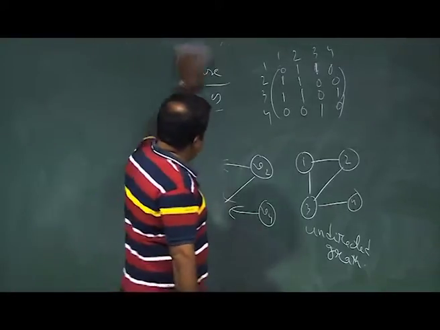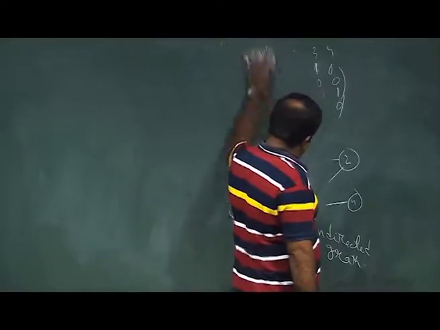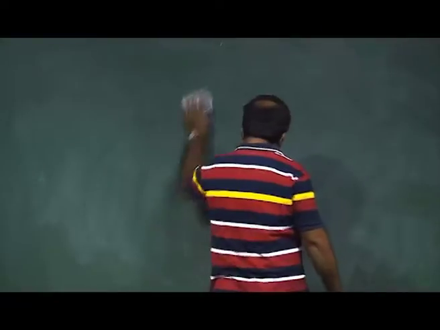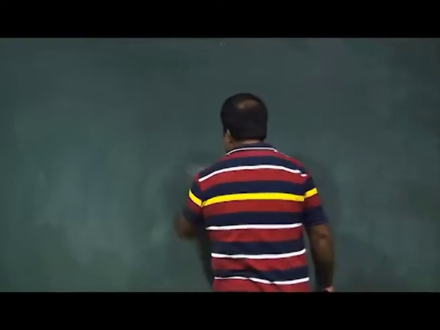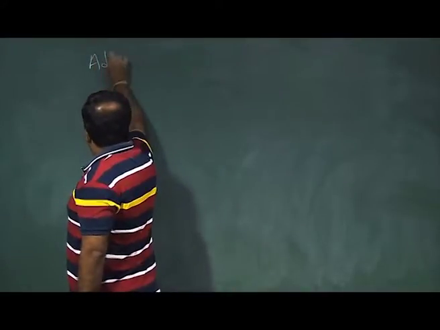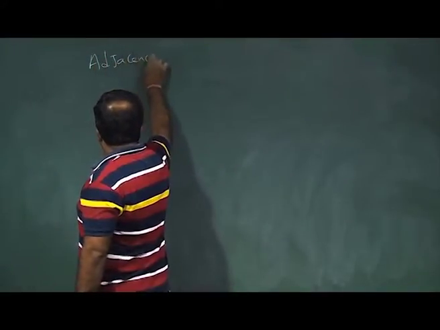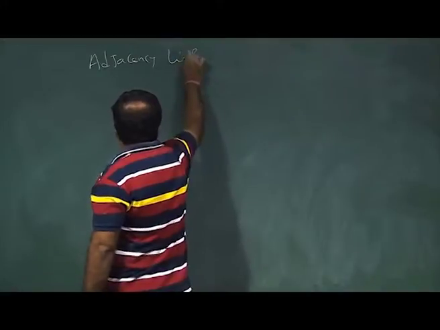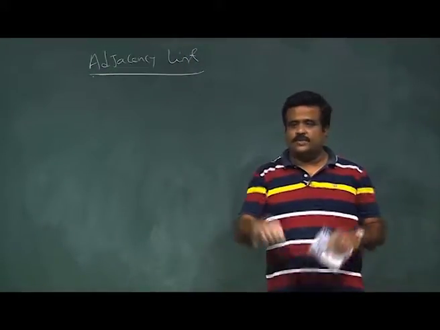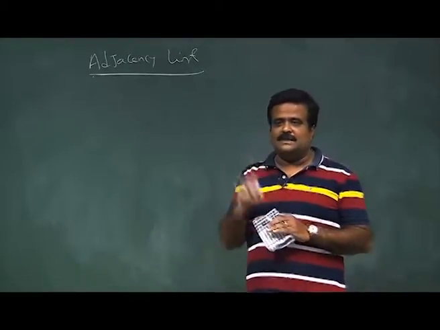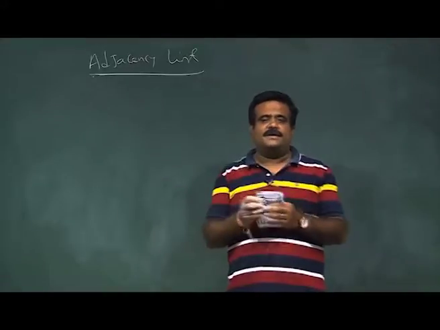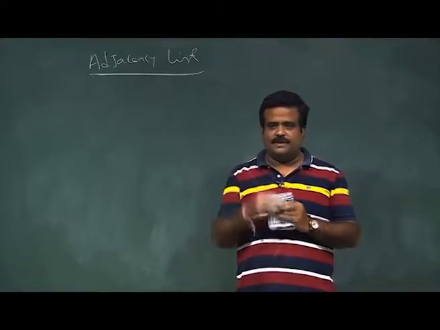So, for that we have what is called the adjacency list. That is also one way of representing a graph. Adjacency list is basically, we take a vertex and we have a linked list corresponding to each of the vertices. This list contains the vertices which are connected to that vertex.